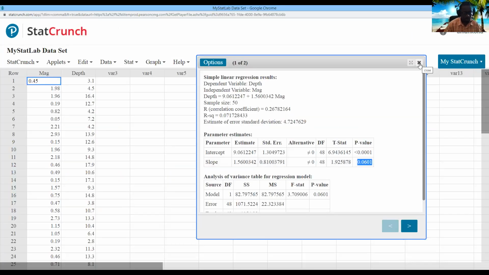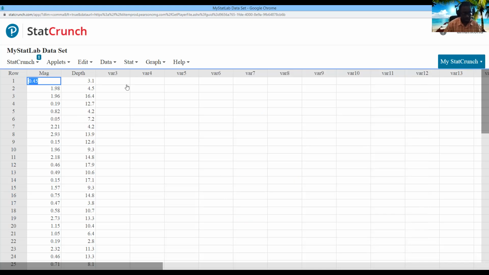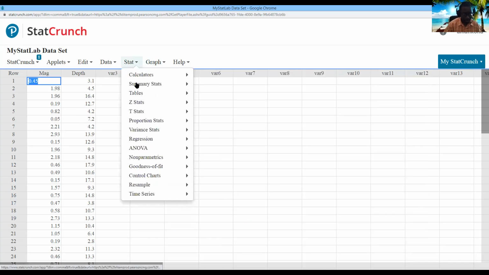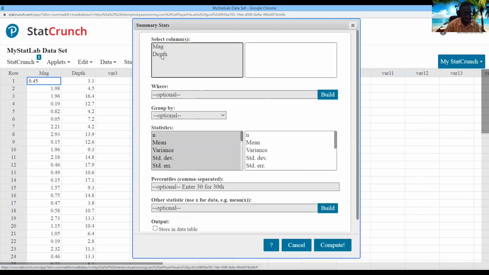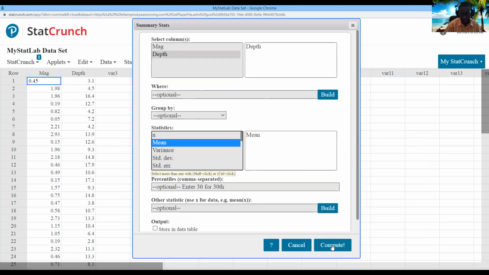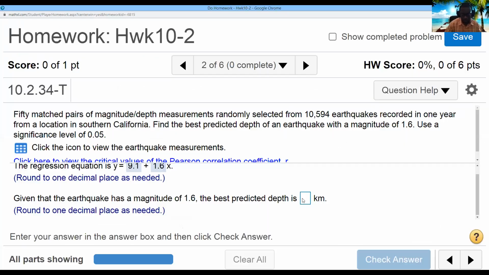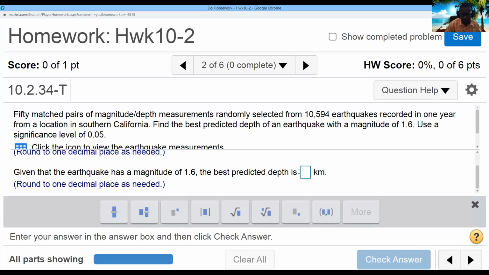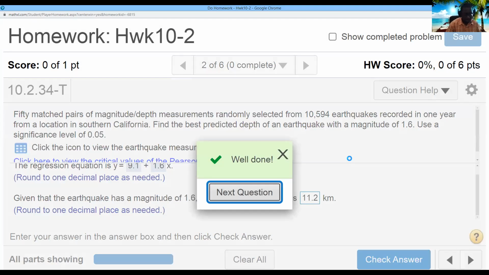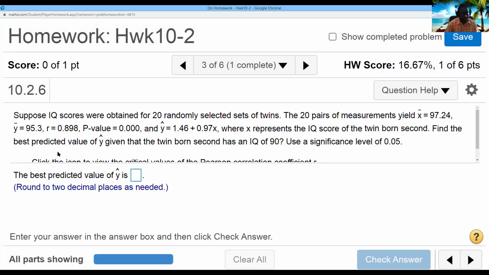It's a bad model, so I need the summary statistics of the columns, and I just need the mean. So the mean is 11.22. When I go back to my homework, it said one decimal place, so that's 11.2. All right, so that is it.